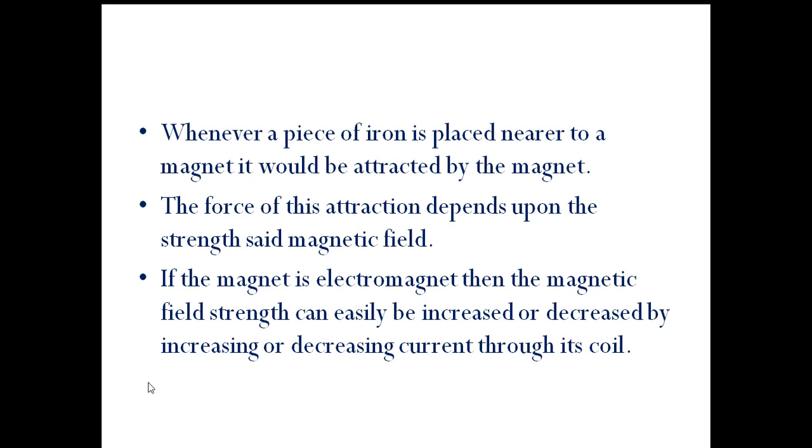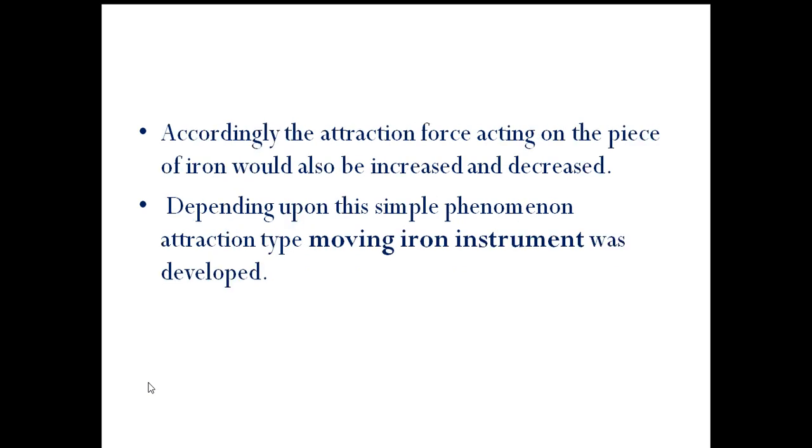If the magnet is an electromagnet, then the field strength can be easily increased or decreased by increasing or decreasing the current through its coil. Accordingly, the attraction force acting on the piece of iron would also be increased or decreased.